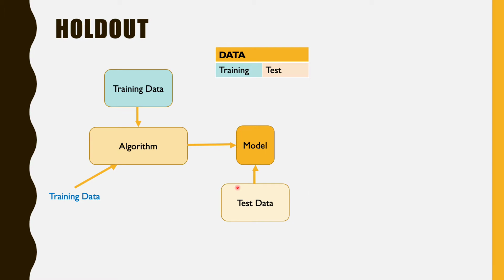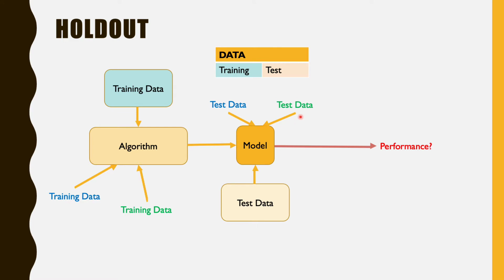You then repeat that with another training set, and run your model one more time on the test set. Again, you train your model or algorithm with training data and test it on the test set.